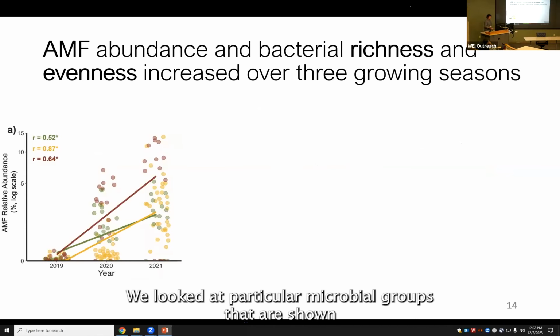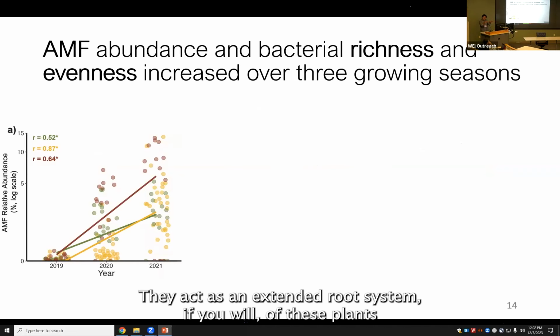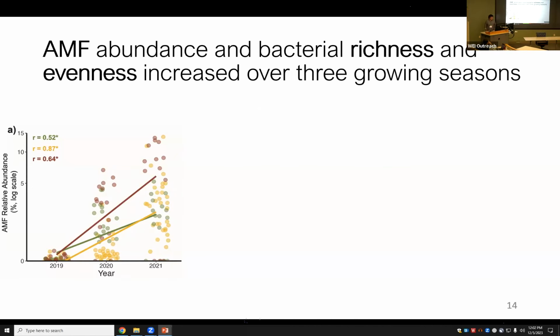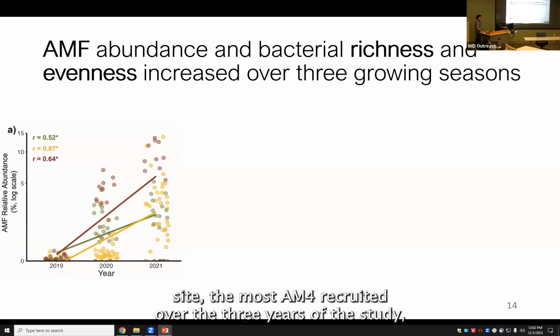We looked at particular microbial groups that are shown to be of benefit to plants. So one of which is arbuscular mycorrhizal fungi. They act as an extended root system, if you will, of these plants. Here we have results of correlations over the years of the different disturbance levels, and found that, perhaps unsurprisingly, but interesting, in the highest disturbance site, the most AMF were recruited over the 3 years of this study, which makes sense.